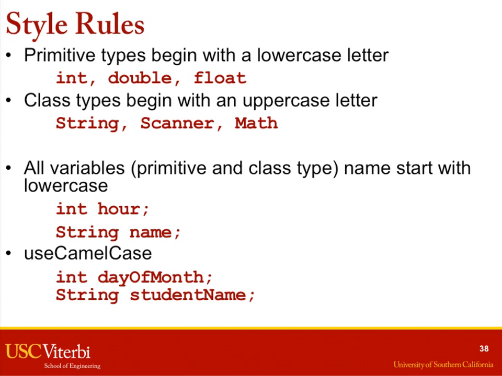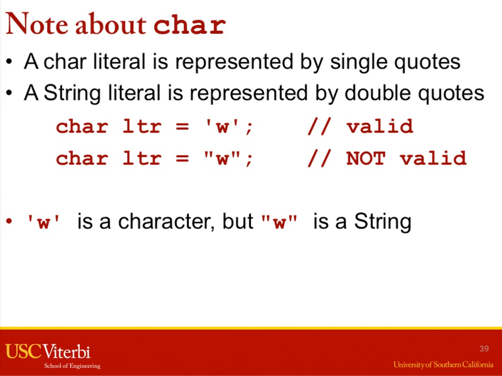For variable names, a very important convention is that we start them with lowercase, because class names always start with an uppercase. And then use camel case, like day of month.